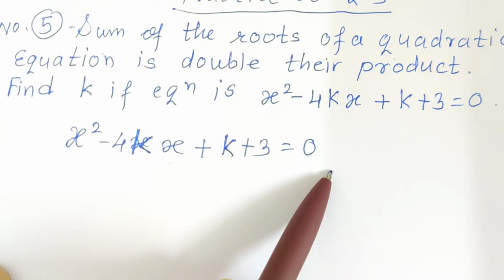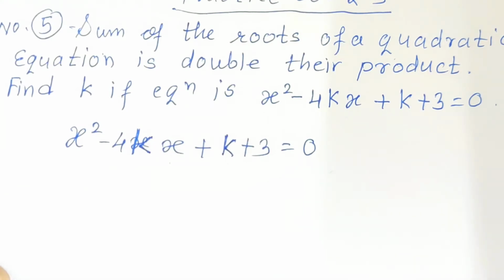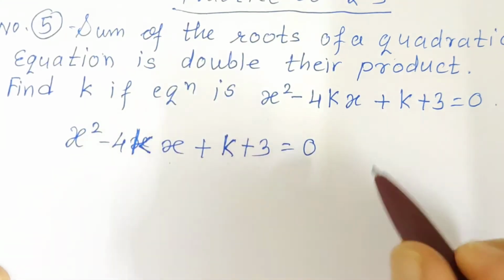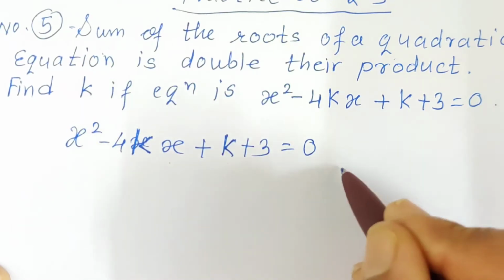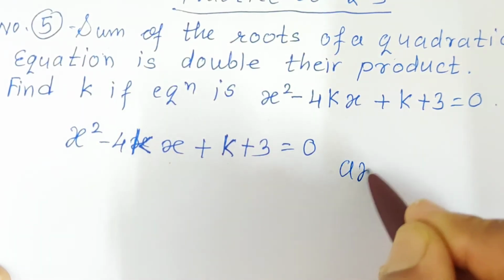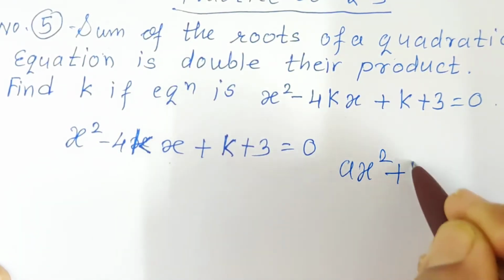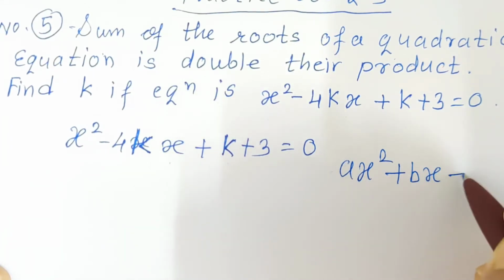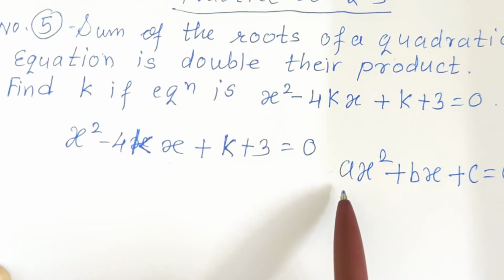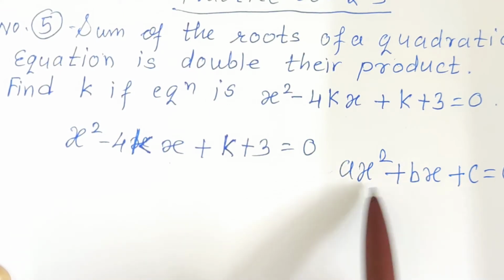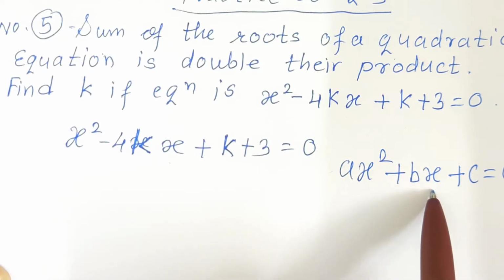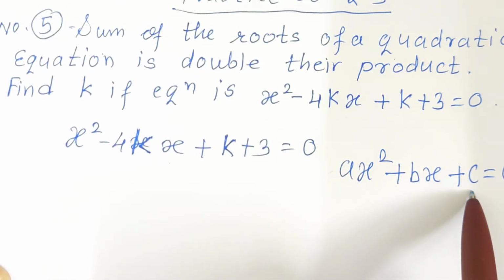But the standard form of the quadratic equation is ax square plus bx plus c equal to 0. In the standard form there are three terms: ax square first, bx second, c third.